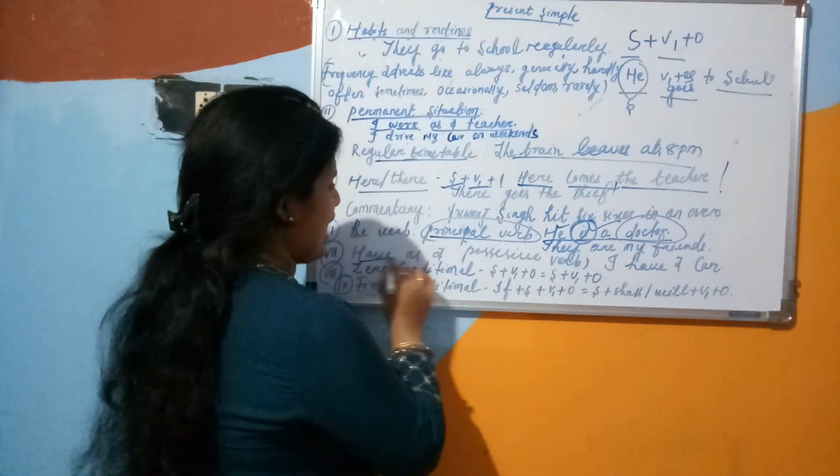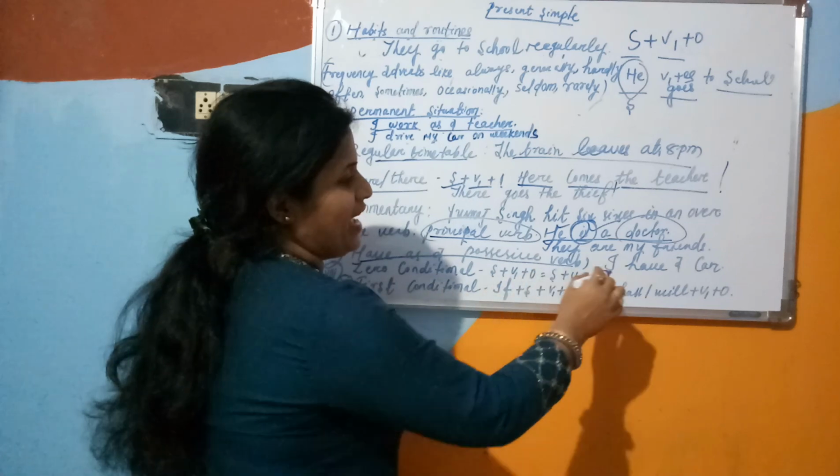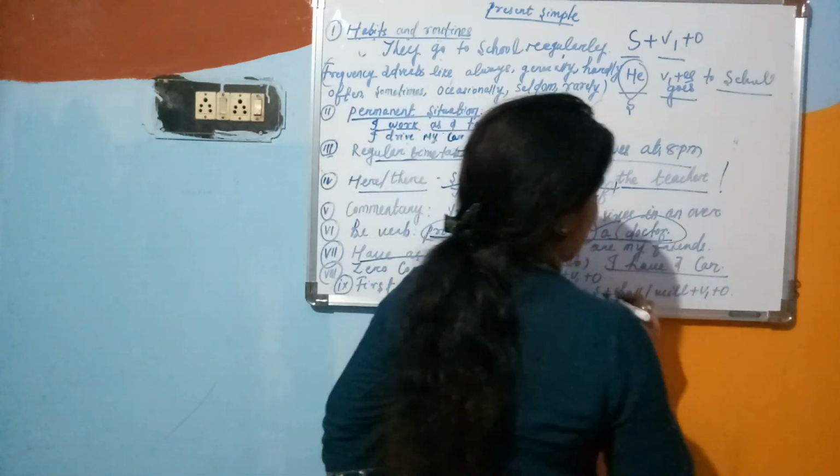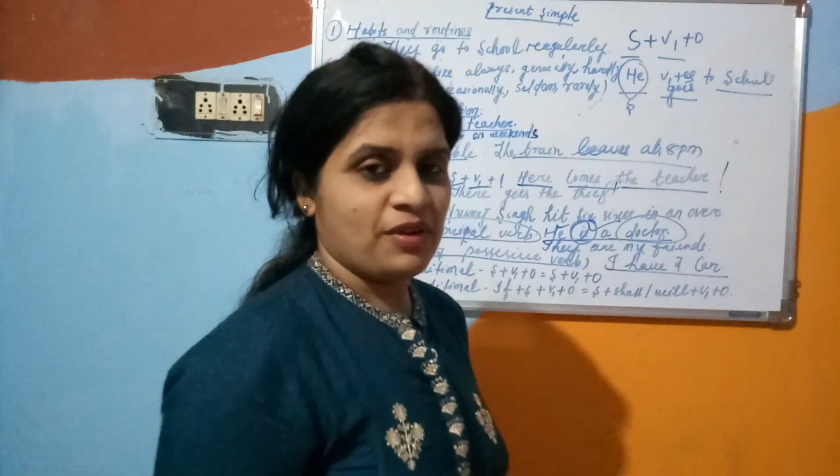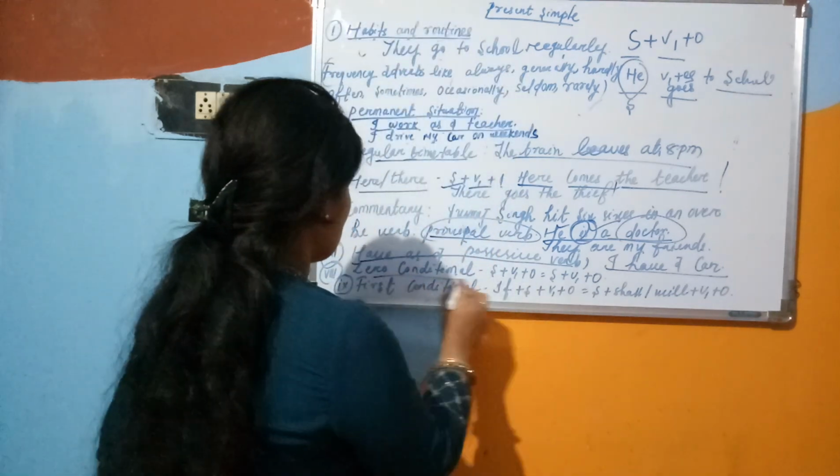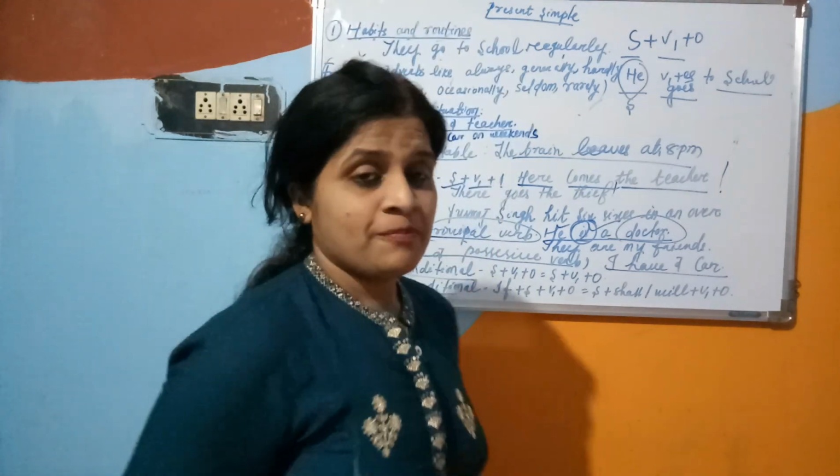Next is have as a possessive verb: I have a car. In the case of possessives, we can use simple present tense. Then zero conditional and first conditional. Conditional sentences are those where one condition is required.